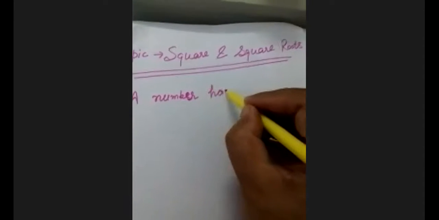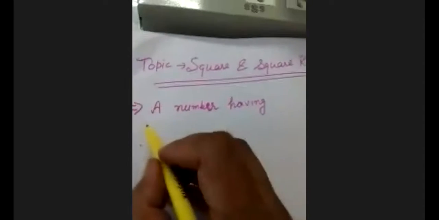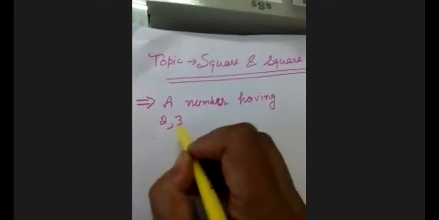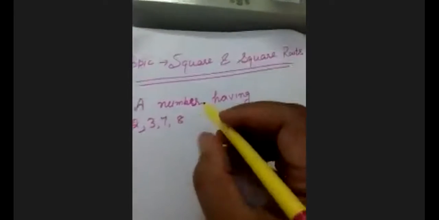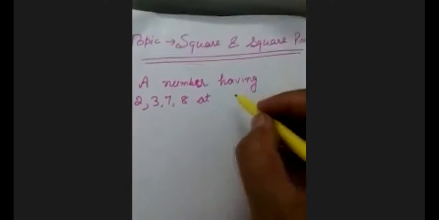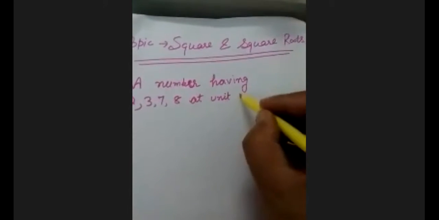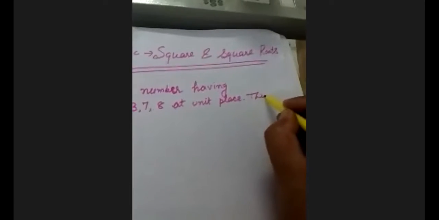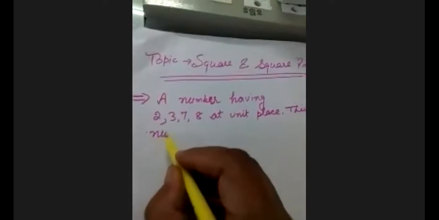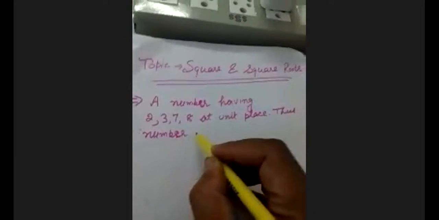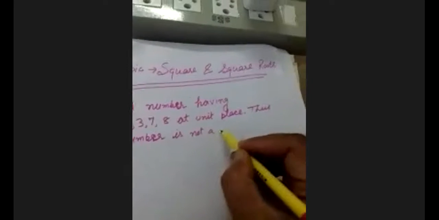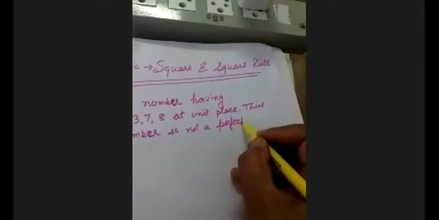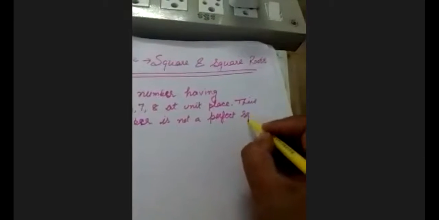A number having 2, 3, 7 or 8 at the unit place is not a perfect square.